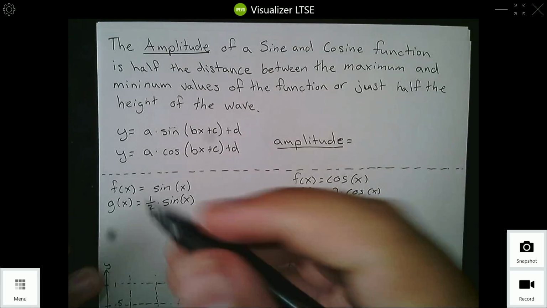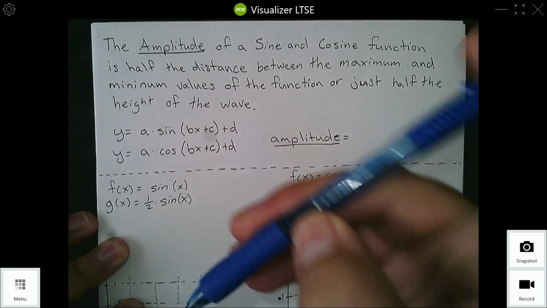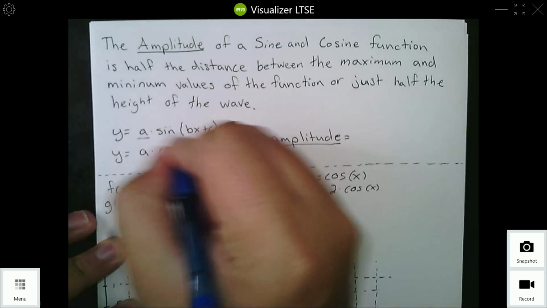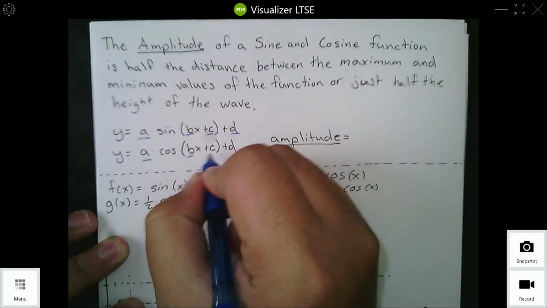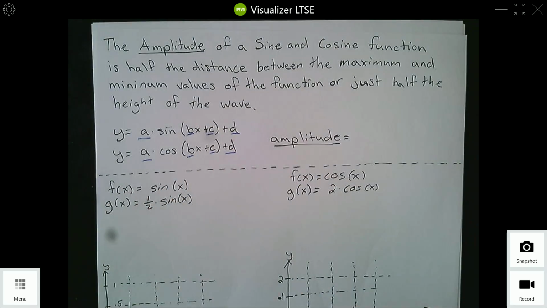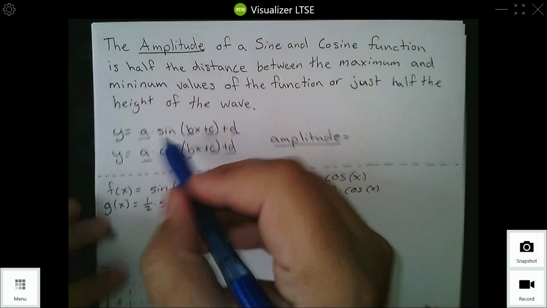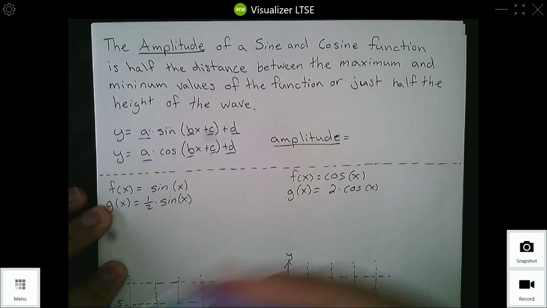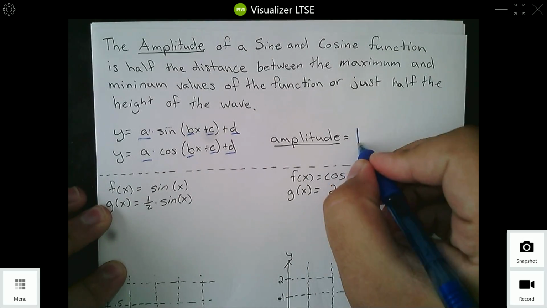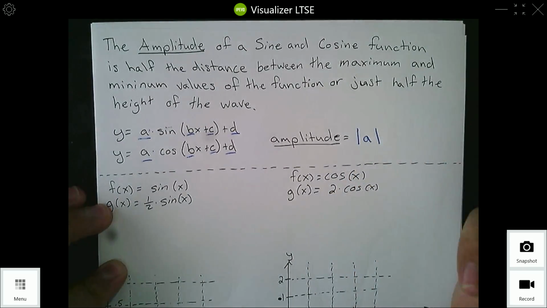Each one of these terms, a, b, c, and d, for both sine and cosine, affects something, whether it's amplitude, period, and things of that nature. But for amplitude, it's always going to be the a value, whatever's in front of sine and cosine. So amplitude is always equal to the absolute value of a.